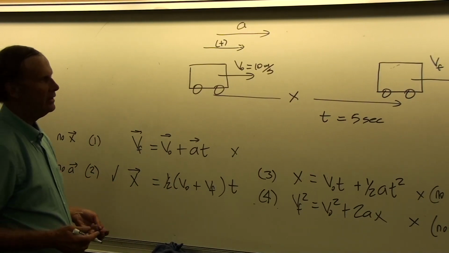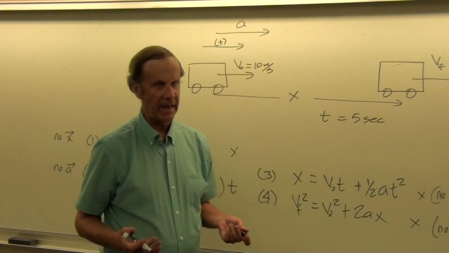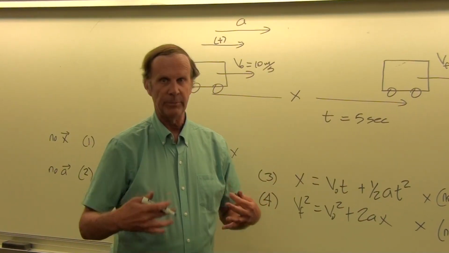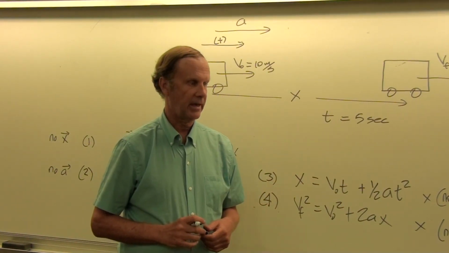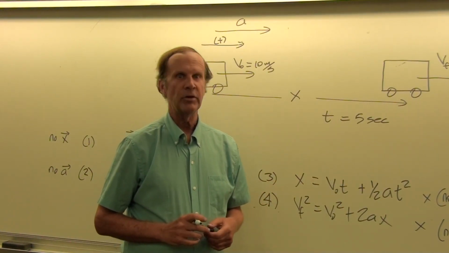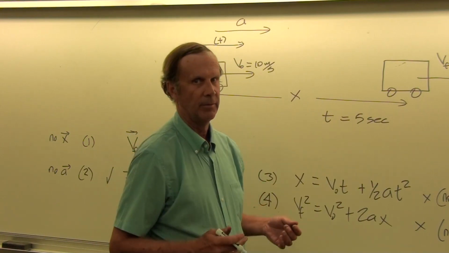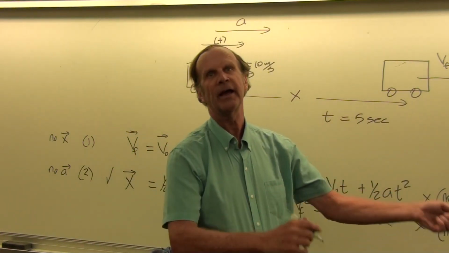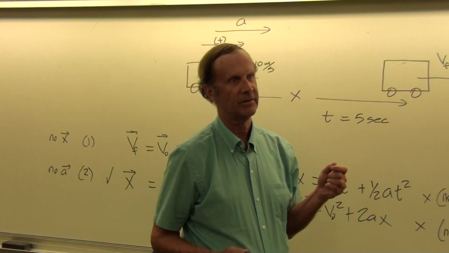Now, a lot of people, what I've seen in the past when I've helped people solve these problems, is that they just want to react to the problem and just pick an equation. This one, I kind of feel like I want to pick this equation.